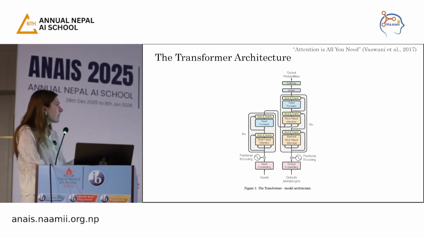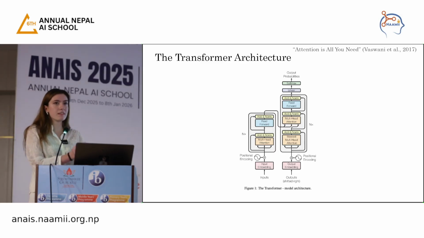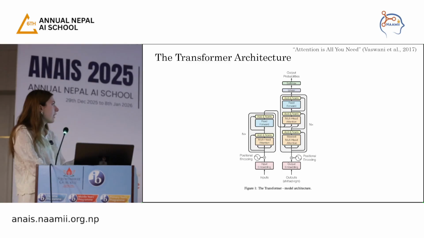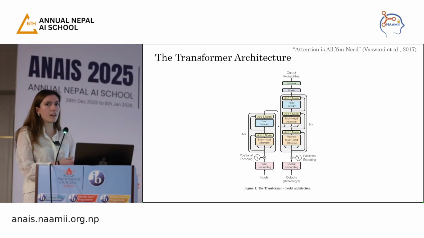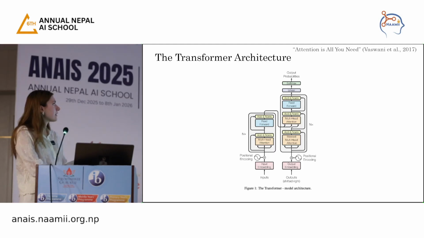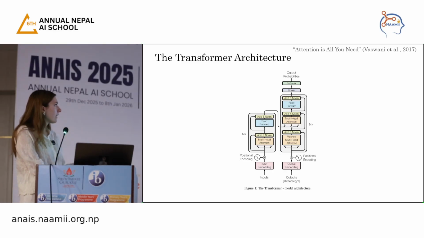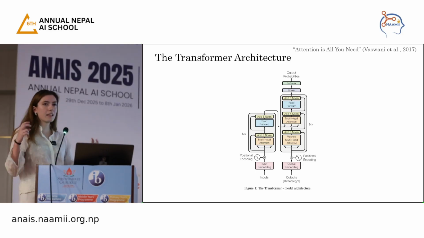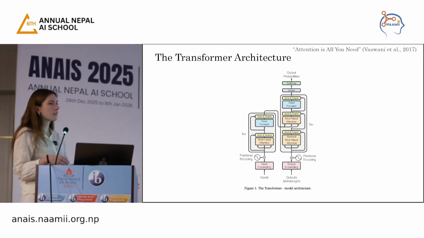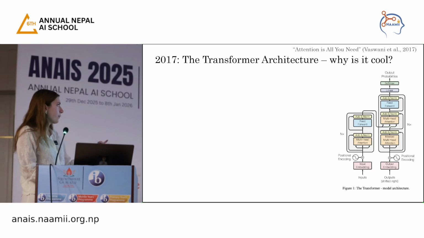What is really cool and makes Transformers extremely powerful is that by leveraging attention and parallelism, we can attend to all the words in the sentence at the same time. So while an RNN is sequential, just a stream, you can imagine the graph of attention of a transformer as a complete graph. Okay, now let's talk about why a transformer is cool.